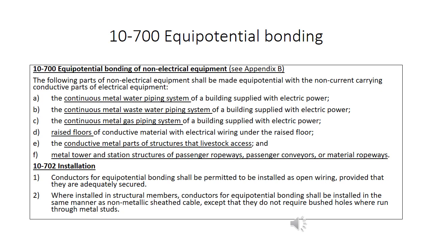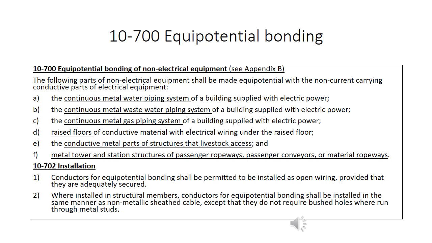So once again, if a building has a continuous metal wastewater piping system, it must be bonded. However, question, how do you bond cast steel, which has a rubber coupling every 10 to 15 feet or every joint? Please talk to your local authority having jurisdiction on that question.